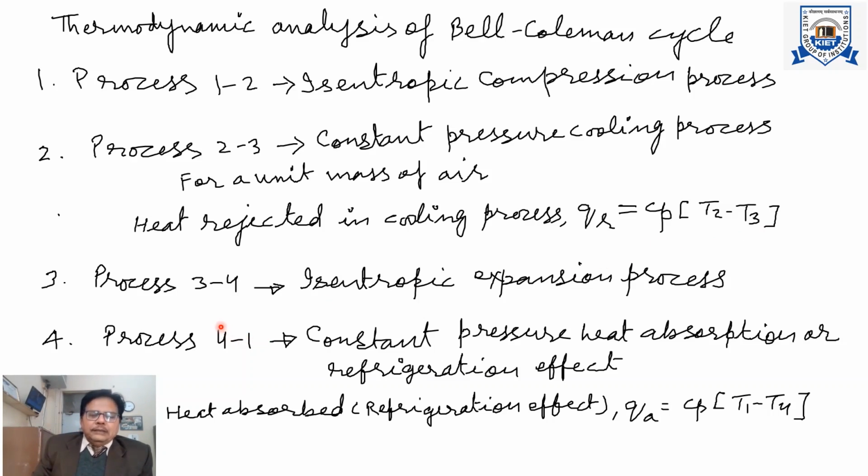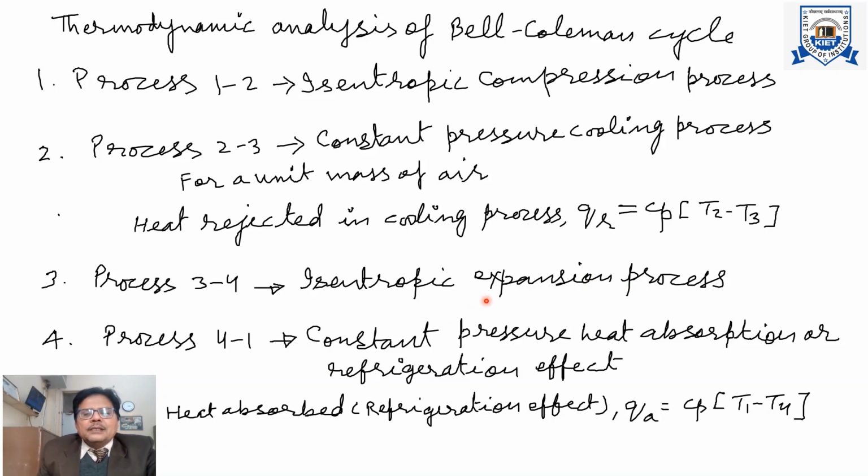Then the expansion process, 3-4, is isentropic expansion. As I told you, during the expansion the pressure decreases as well as the temperature. So in this process pressure decreases from P3 to P4 and temperature from T3 to T4. At the end of this process the air is at its lowest temperature.